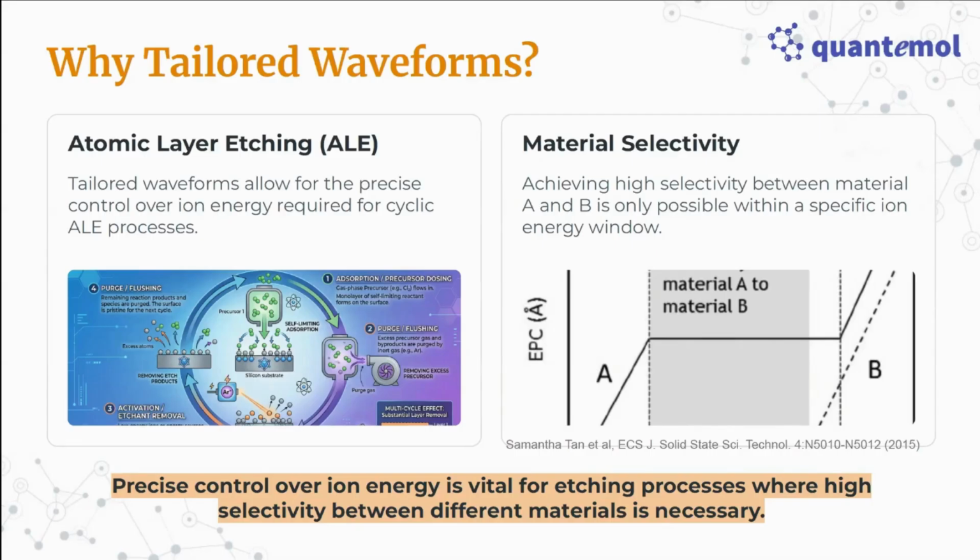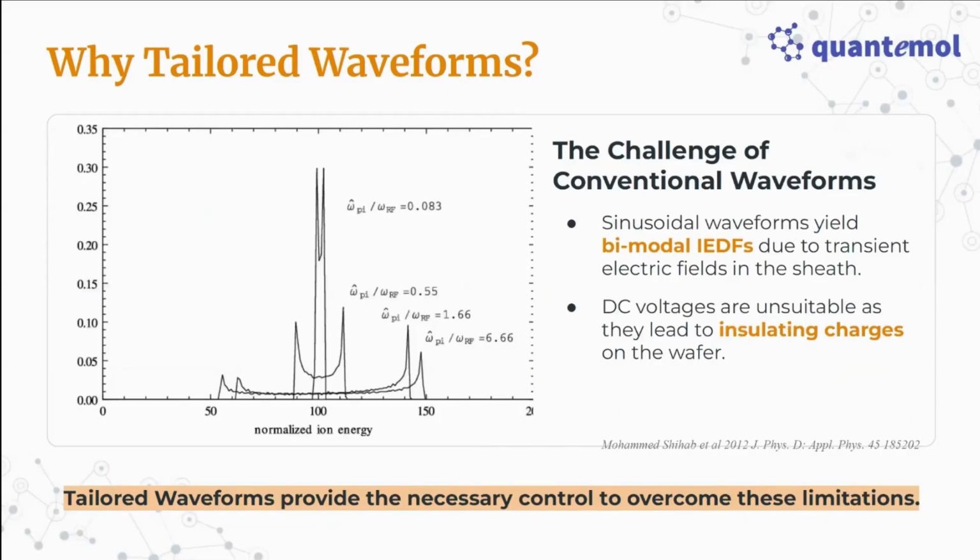As for example Mark has already shown, you don't get this with your conventional sinusoidal waveforms. There, due to the transient electric fields in the sheath, you get these bimodal IEDFs. How much the spread is depends on frequency and ion mass. So if you have a sufficiently high frequency and sufficiently heavy ions, you might get very close to a monoenergetic IEDF, but in general, you get these bimodals, depending on frequency and on ions.